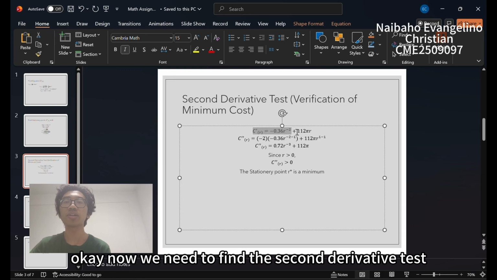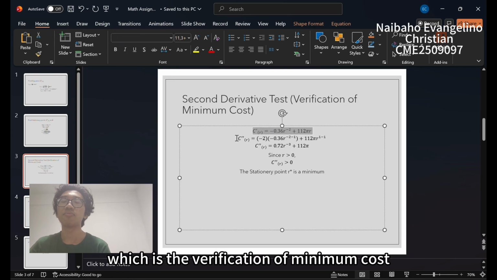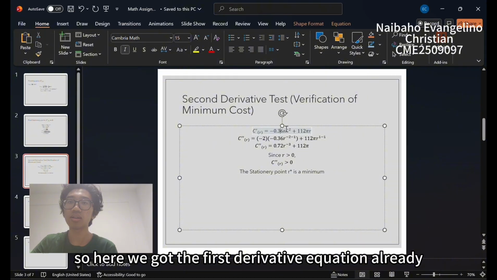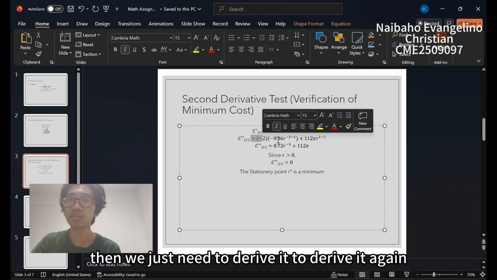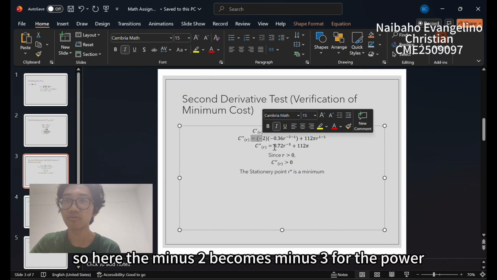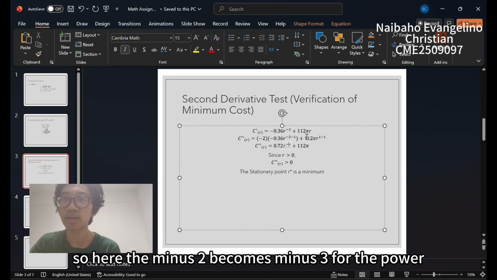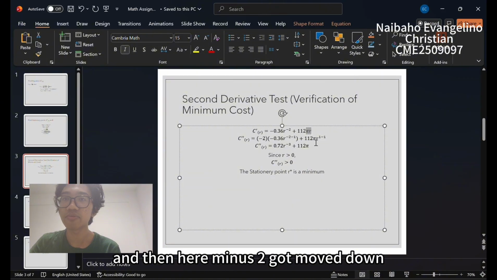Okay, now we need to find the second derivative test, which is the verification of minimum cost. So here we got the first derivative equation already. Then we just need to derive it again. So here the minus 2 becomes minus 3 for the power, and then the minus 2 gets moved down.